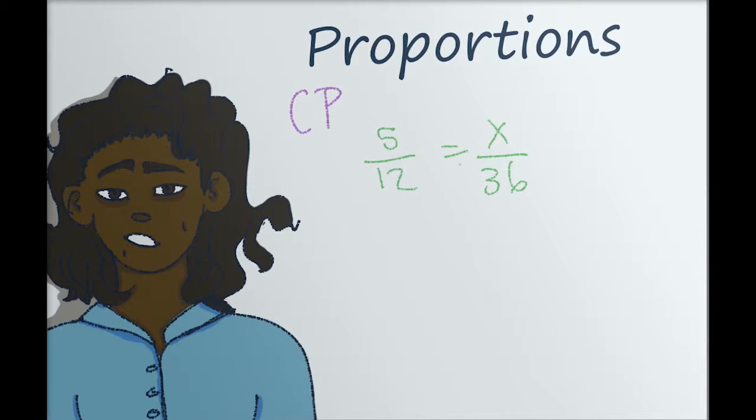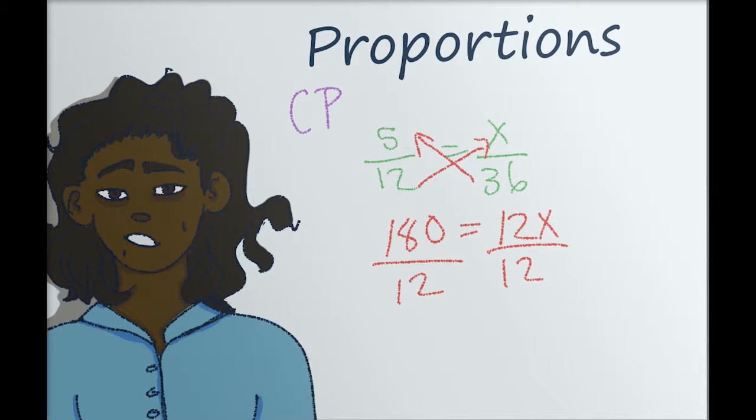So you'd be multiplying 36 times 5 and 12 times x, and that leaves you with 180 is equal to 12x. What you just do there is solve, and you divide 12 from both sides so you can isolate x. And what that leaves you with is 15 equals x.